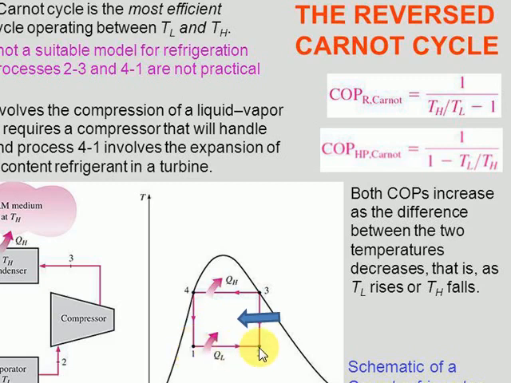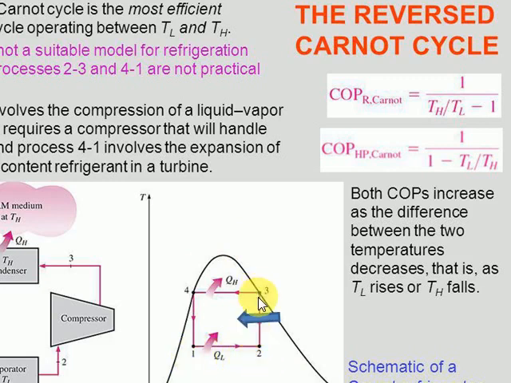And at state 2, more is vapor, less is liquid. But at state 1 and 2, both are within the dome. So that's why the phase is liquid plus vapor.